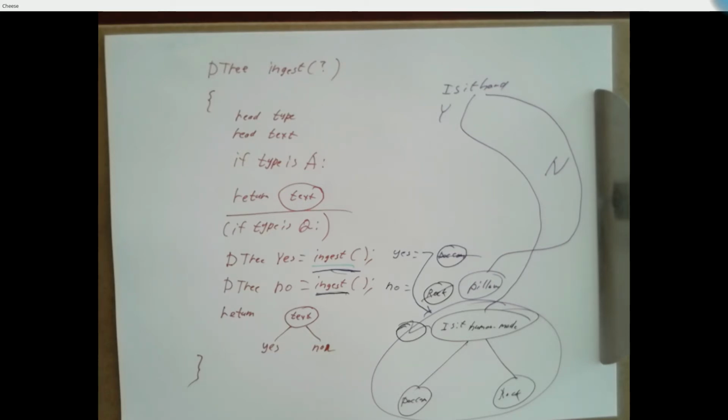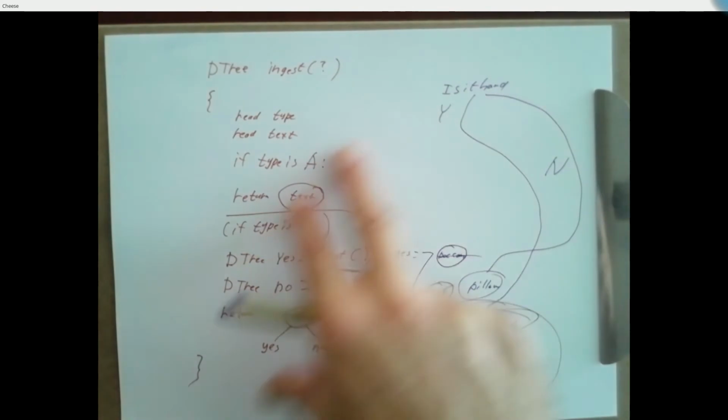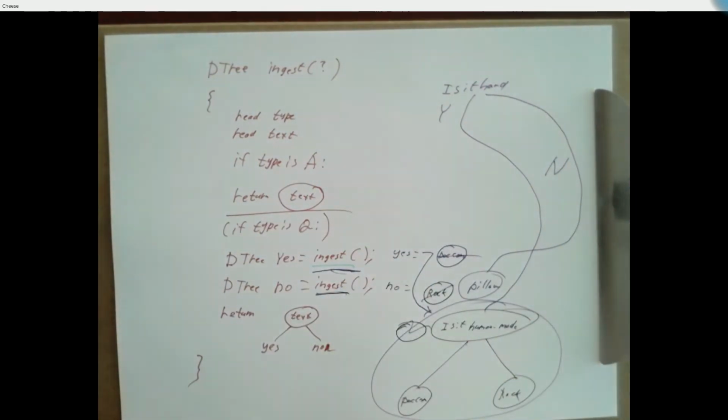But you can do this independent of the rest of the program. You can just write something like an ingest method that reads from a file, builds a tree, and then takes a tree and writes to a file. And you can thoroughly develop this without even worrying about modifying the decision tree.